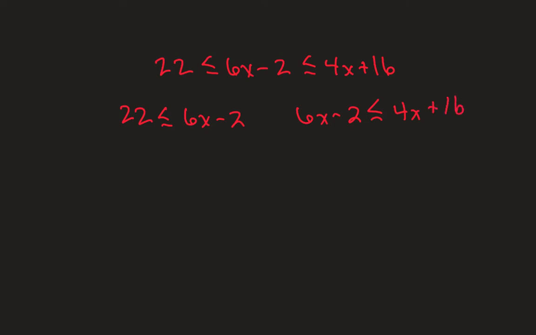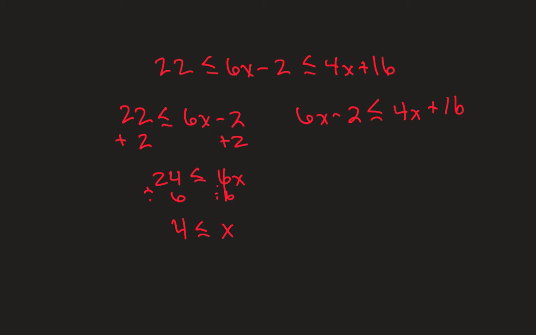And I want to keep the x in the middle, so I'm going to add 2 to both sides. And I'm going to divide both sides by 6. And I'm going to end up with 4 is less than or equal to x.